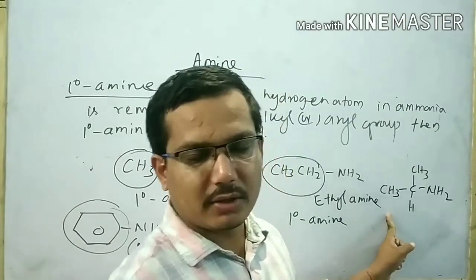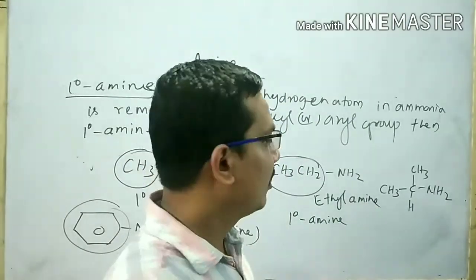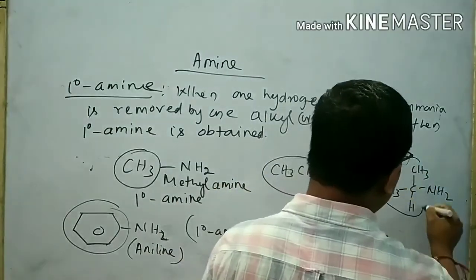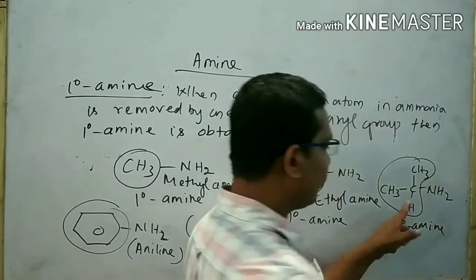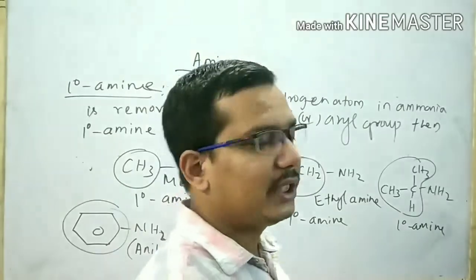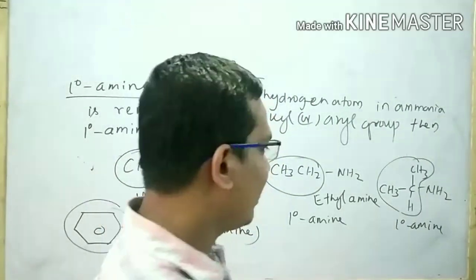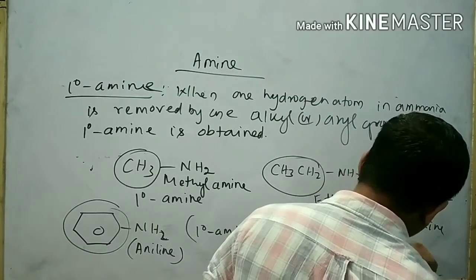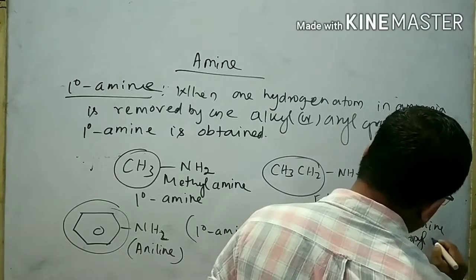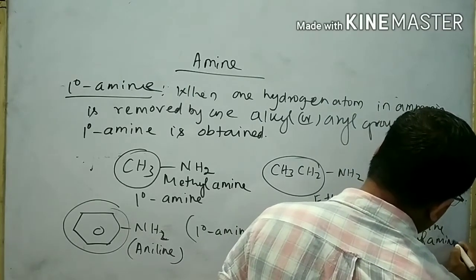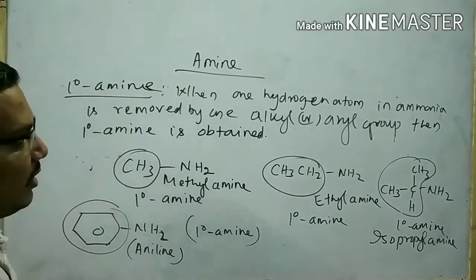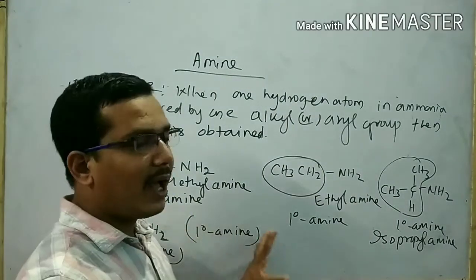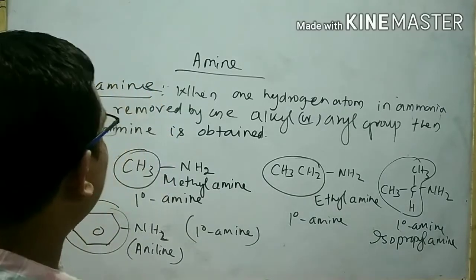That is 1 degree amine, 2 degree amine, 3 degree amine. This also belongs to 1 degree amine, because here one alkyl group is present, and its name is isopropyl amine.